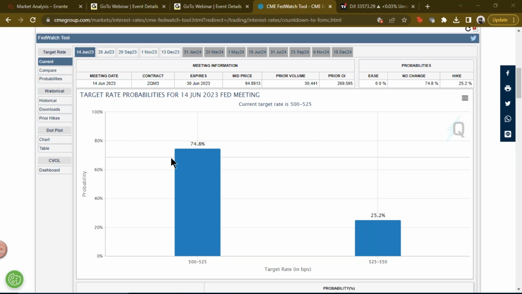Fed Vice Chair Jefferson and voting Fed member Harker pulled the plug on a June rate hike. We're now most likely to skip the June meeting next week for any more rate hikes. And you can see here, the chance of a 25 basis point hike is 25%, and 75% pretty much that we stay unchanged.